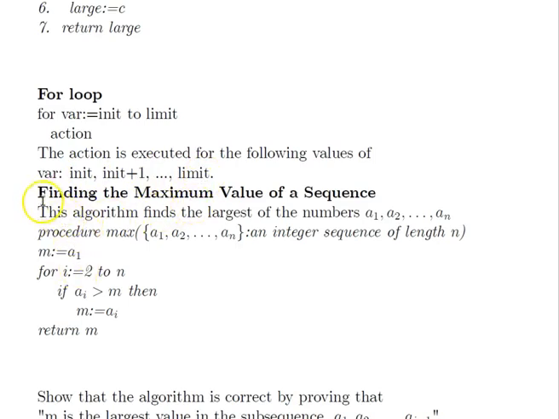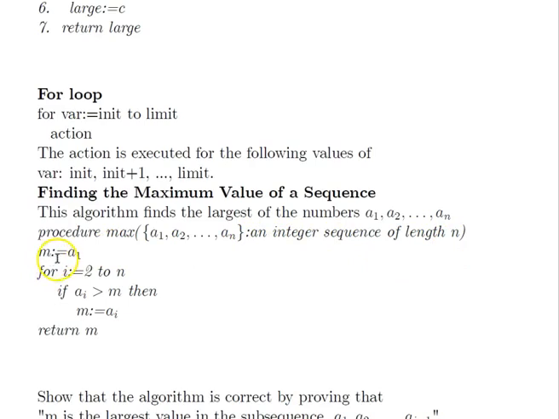In this example, we present a procedure that finds the maximum value, the largest value of the numbers A1, A2, and so on, AN. Procedure max, A1 and so on, AN is an integer sequence of length n.